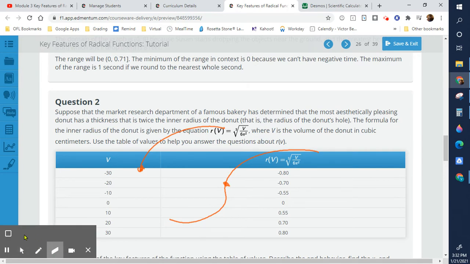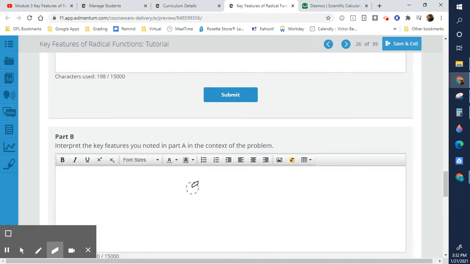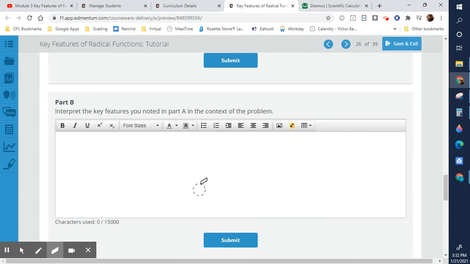All right, so let's talk about this. Interpret the key features in the context of the problem.